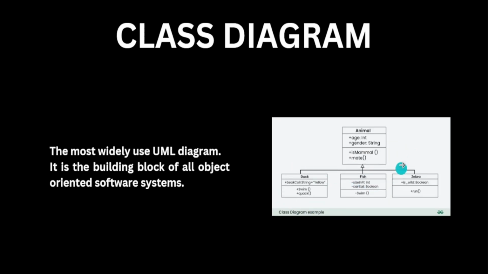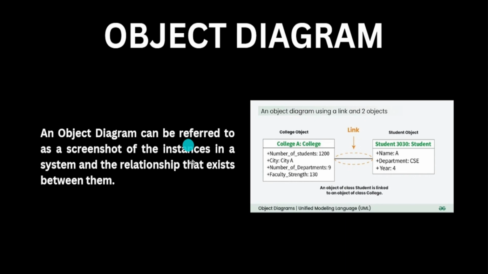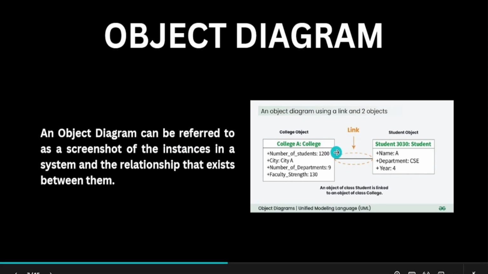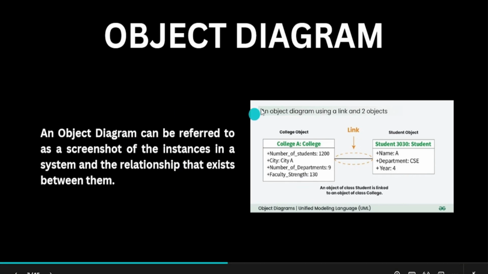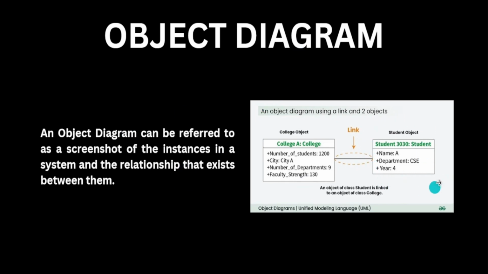Ito yung mga object. Then yung object, similar lang din siya sa class, pero yung class kasi parang overall na siya. Parang lahat na yon. Then yung object is parang screenshot lang siya. Part lang siya ng isang class.